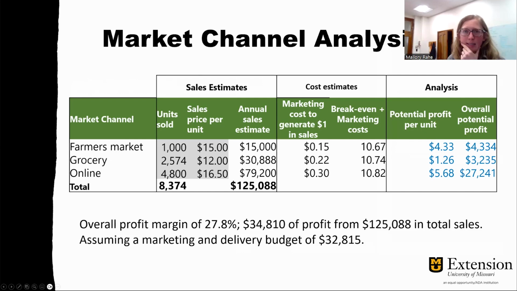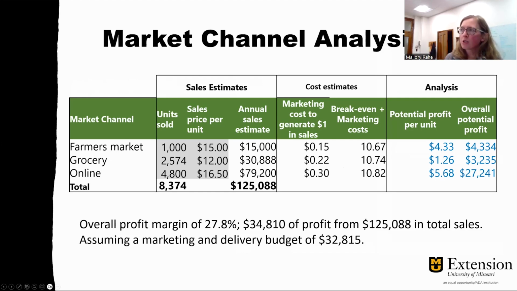It's actually highest when I sell online. I spend more to generate that sale, but given the sales price is higher, my overall profit is also higher. I'm more than offsetting the difference of 15 cents when I increase my price from $15 to $16.50. And then this gives me my per unit look.